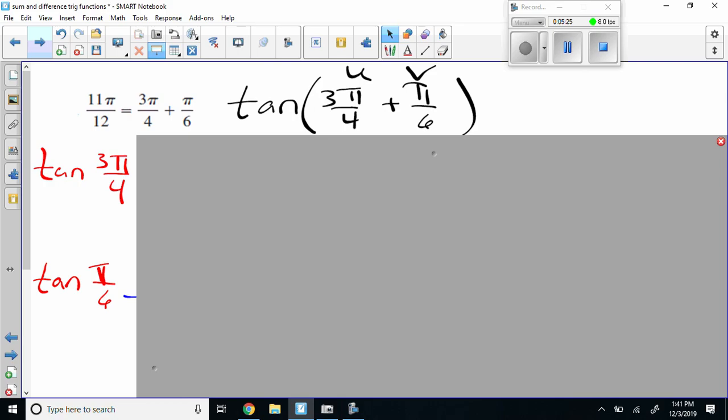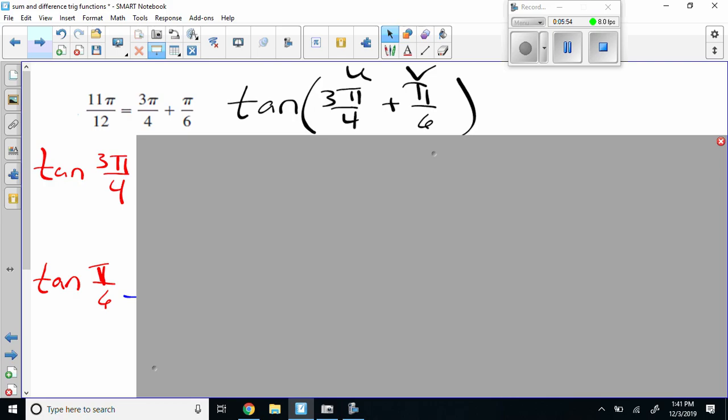So what I need for you to do is take about 30 seconds and evaluate those for me, please. Can you do that? Yeah. Y over x. You got ordered pairs, right? The y's are the sines, the x's are the cosines, right? So you put those values over one another. Go ahead.